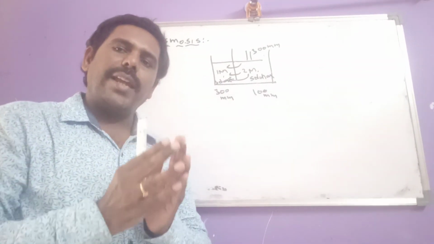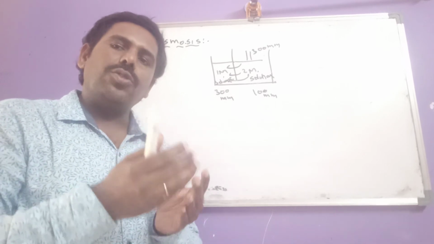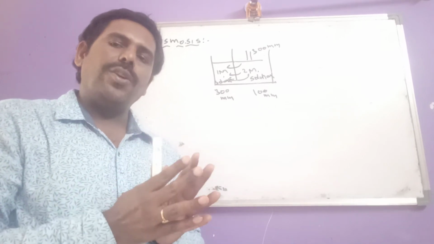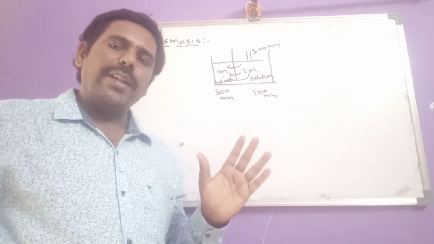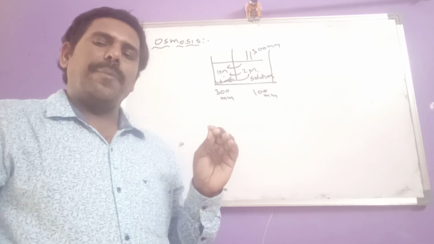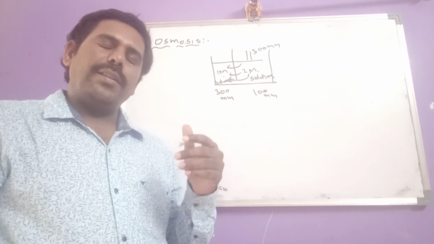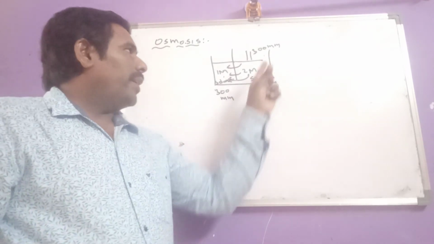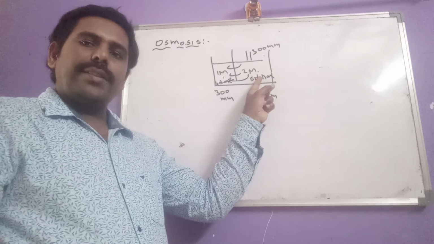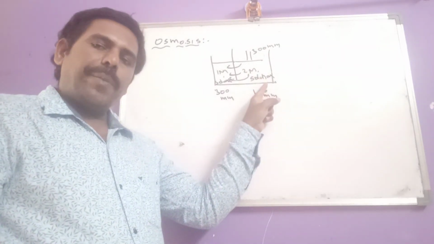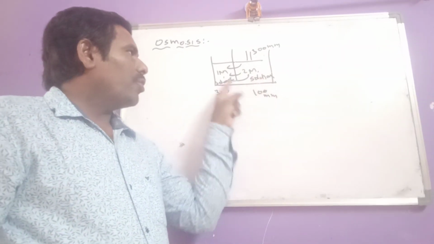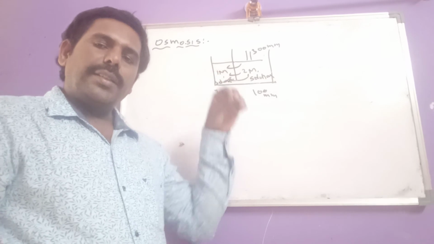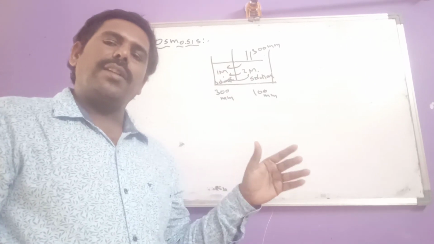That is exactly reverse to osmosis. That's why it is known as reverse osmosis. So when a pressure more than the osmotic pressure is applied on the solution side, the solvent present in the solution moves towards the solvent side. That process is known as reverse osmosis.